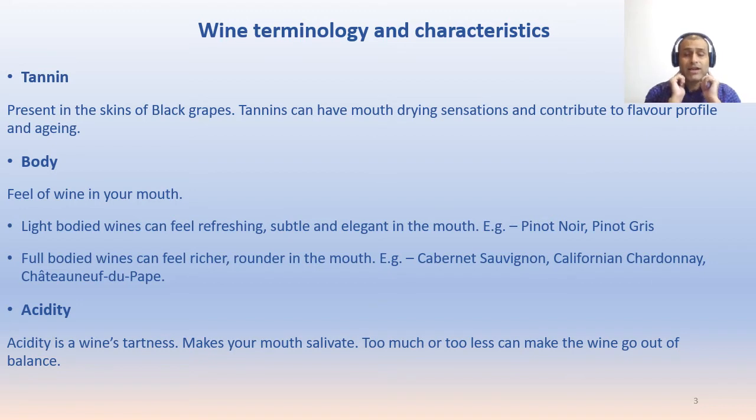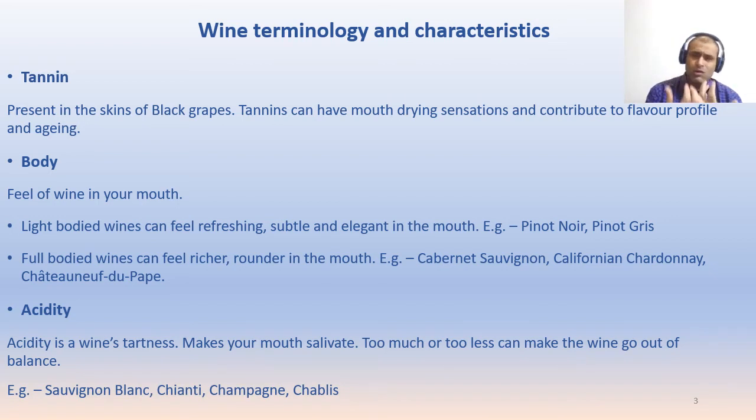As soon as you taste a wine, if it's very acidic, you will feel your mouth salivating quite a bit. Generally, all wines have acidity, but in varying amounts. Some wines are naturally high in acidity because the grape is high in acidity, like Sauvignon Blanc. Some have medium acidity, and some are low in acidity.